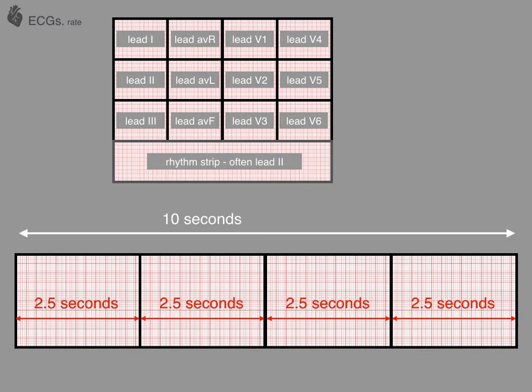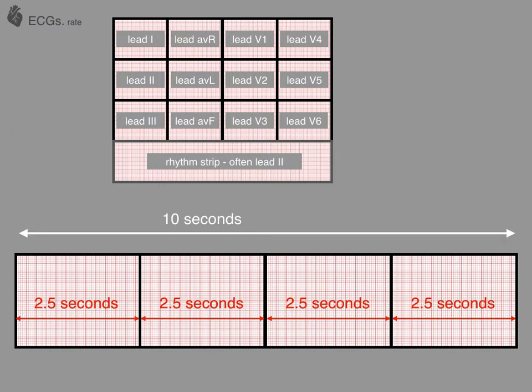Looked at in another way, as the width of a standard ECG is 4 leads wide, and each one of these leads reads for 2.5 seconds, we therefore have 4 lots of the 2.5 seconds, and the whole ECG is 10 seconds long.